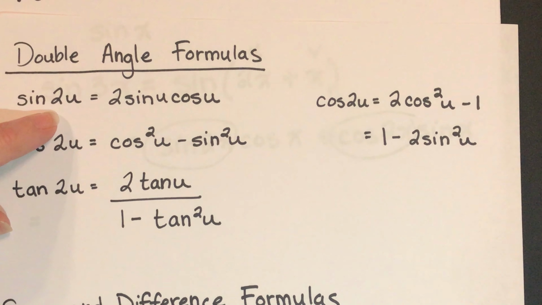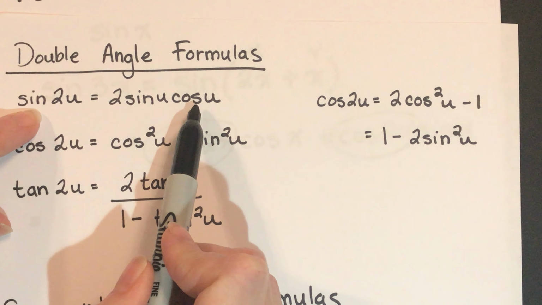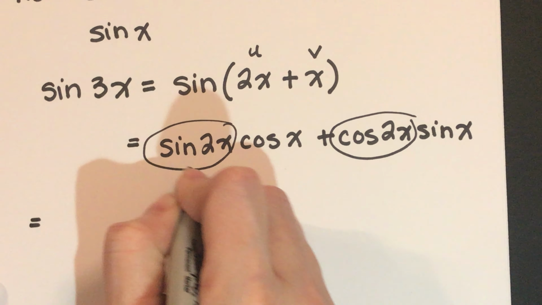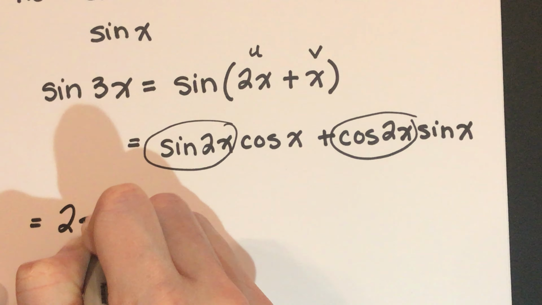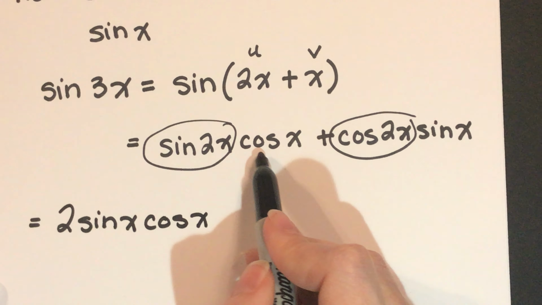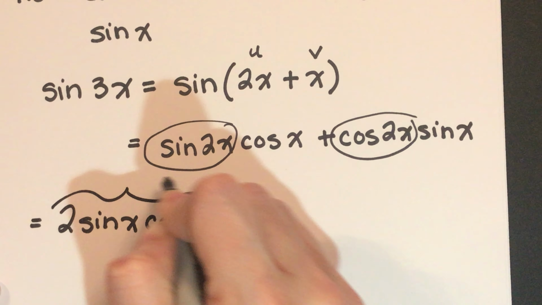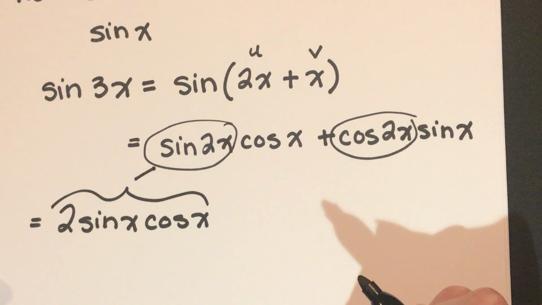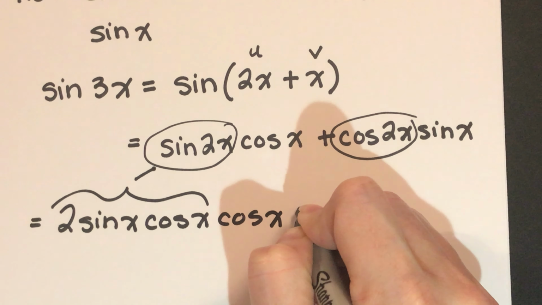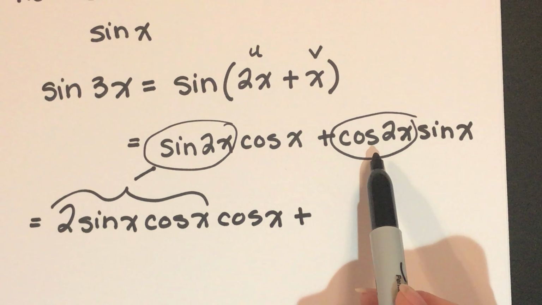The sine of 2x is going to be 2 sine x cosine x. So we're going to change that to 2 sine x cosine x. And then we still have this cosine x, so all this came from that. And then we still have times cosine x plus, now we're going to break this one down.